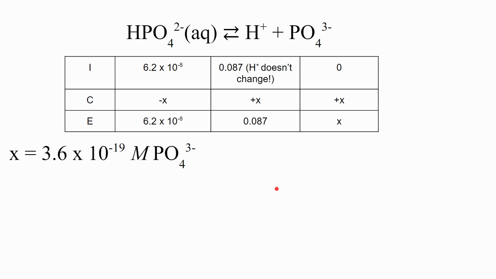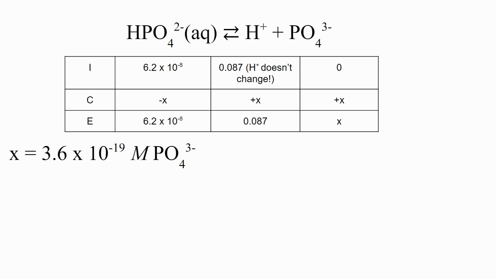So there's very little phosphate ion in there at that point, which makes sense because the K value is super small for that. So that's basically getting some questions answered for polyprotic acids. Don't let them scare you. It's just basically get the pH from the first Ka.